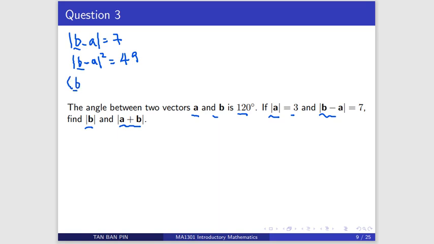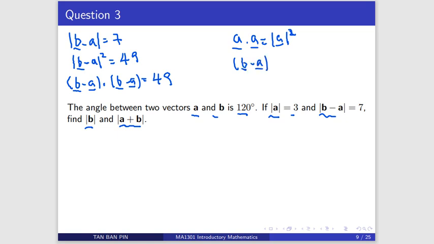So with that you can say (B minus A) dot (B minus A) is 49. Remember, A dot A is the magnitude of A squared, so for the same reason, (B minus A) dot (B minus A) is the magnitude of B minus A squared.